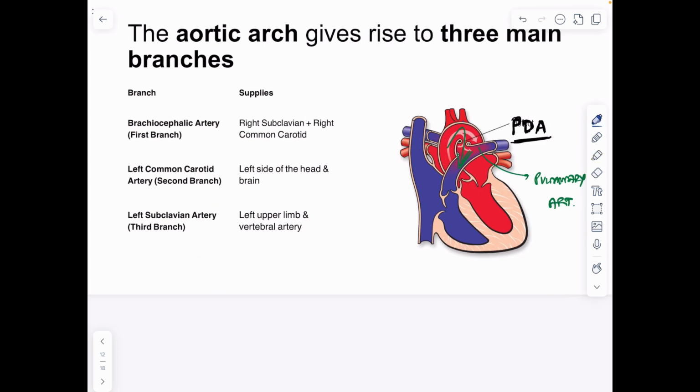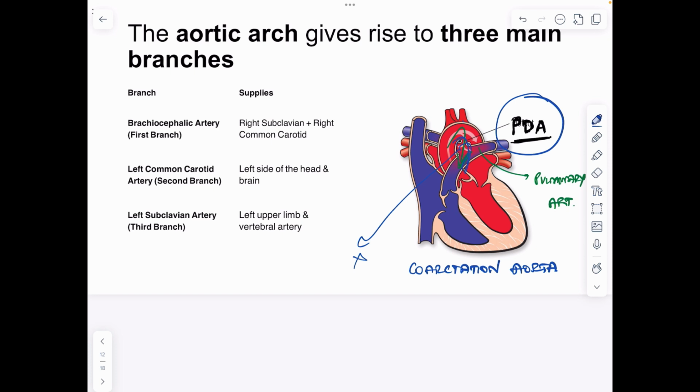Now, we are already aware that the patent ductus arteriosus is a congenital heart defect where the ductus arteriosus fails to close after birth, allowing abnormal left to right shunting of the blood from the aorta to the pulmonary artery. However, PDA, that is patent ductus arteriosus, is commonly associated with coarctation of aorta.